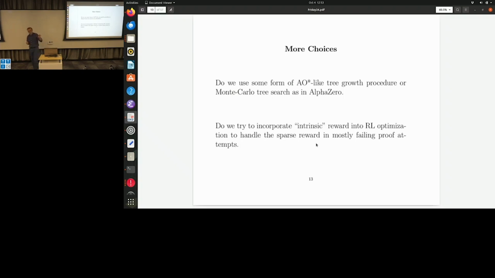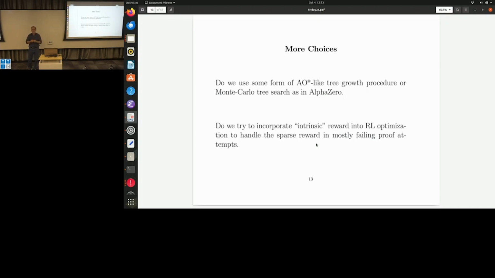What they do here, especially when you're starting, is that actually proving a theorem is so hard that your reward signal is too sparse to train on. If you never prove anything, you never get any reward and you can't train. So they set up an intrinsic reward where they're simply trying to enumerate new states that they can reach.